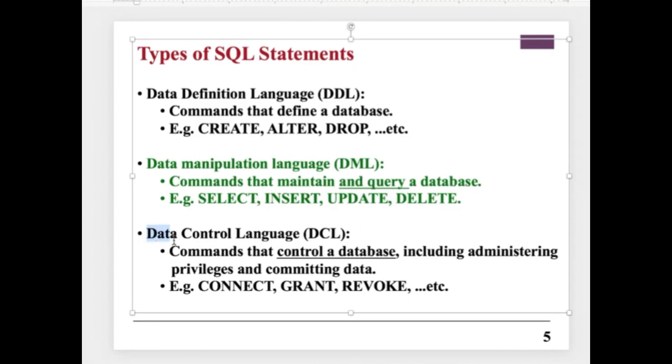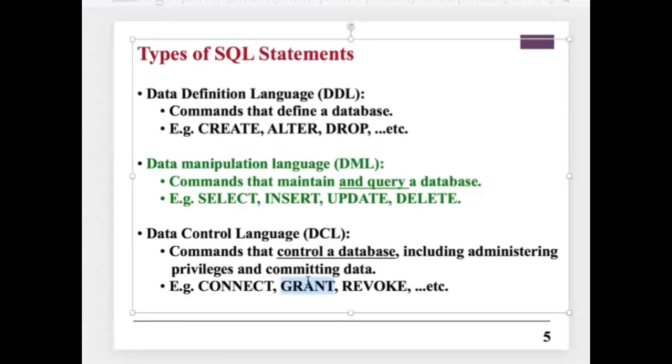There is a third type of classification of SQL statements, called DCL. DCL stands for data control language. In these statements, you work with the database overall. So you connect to a database, or you grant some rights to other users, to allow them to insert some records, or sometimes to delete some records.